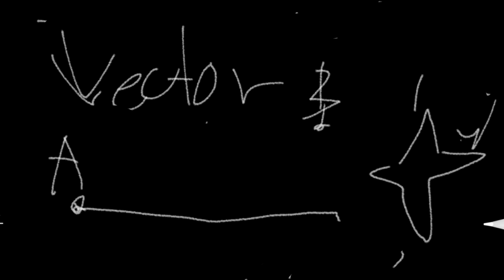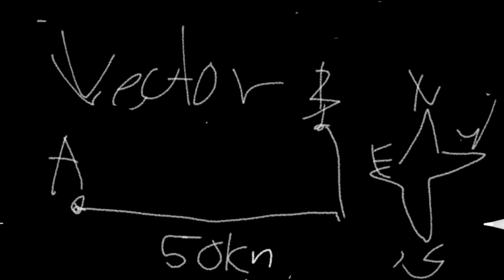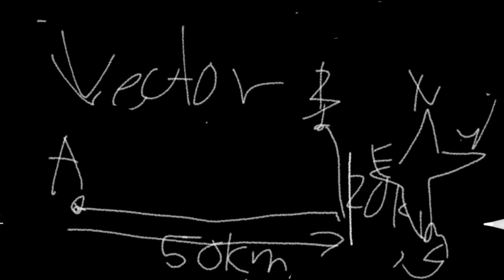We have a compass here with east and west. So it's about northwest. This is 50 kilometers and this is 20 kilometers. When we talk about distance, we add them up, so it's 70 kilometers.